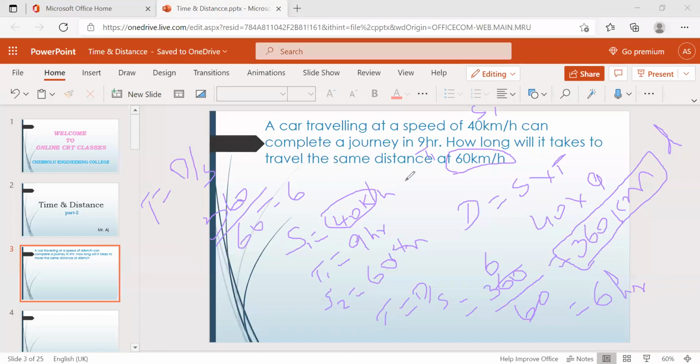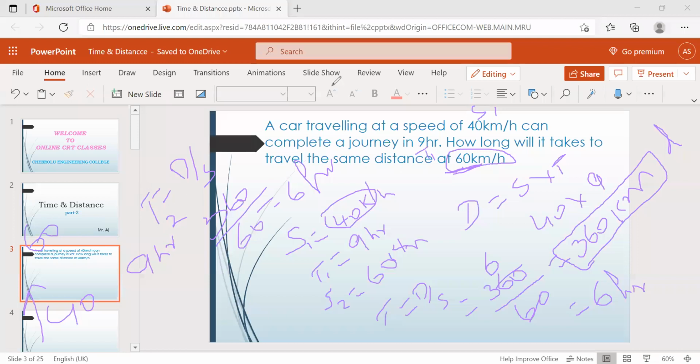And we just observe here. The speed is 40 first of all. It is increased to 60. Now the speed 2 is 60. Previous time is 9 hours, and now it decreases to 6 hours.